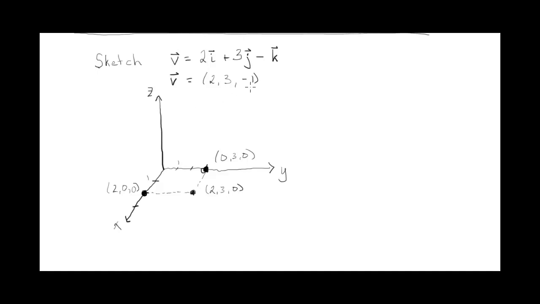And now on the z-axis, I need to go down 1. I've drawn the positive z-axis. I need to continue this into the negative. So negative 1 would be down here. Now I have to turn that into a rectangular prism.